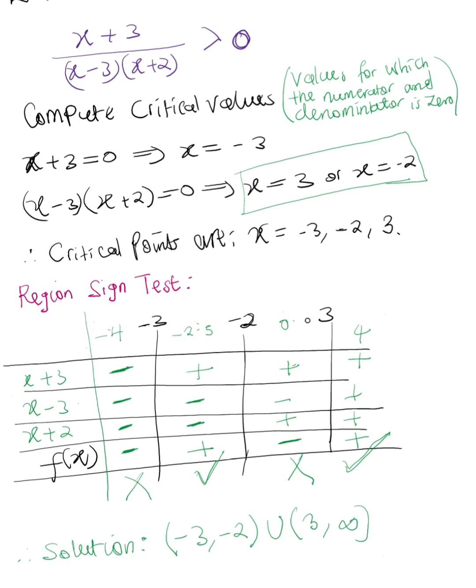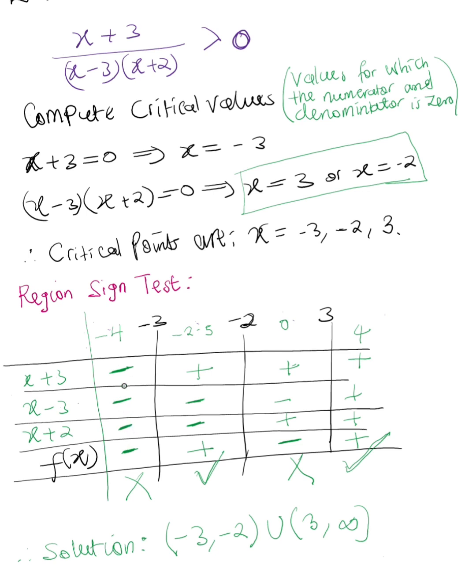So in these 4 regions, you pick a value here before -3 and put it in the whole function and see if it is greater than 0. Okay. So to make that easier, I split the whole function as x plus 3, x minus 3, and x plus 2. So if I pick a value before -3, let's say -4, the first expression is -4 plus 3, which is a negative number. Then -4 minus 3 is still a negative number. And -4 plus 2 is still a negative number.